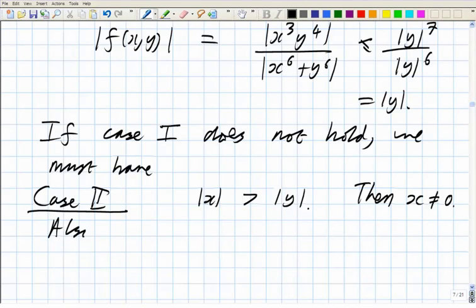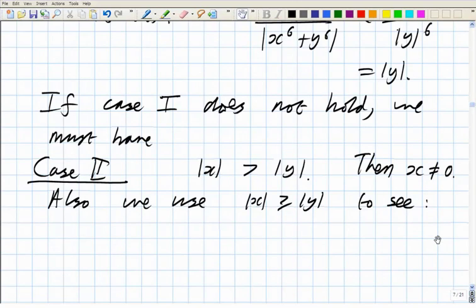Also, we just need to use mod x greater than or equal to mod y. You could use strictly greater if you want, but greater or equal will do for the next step. I'll sacrifice a bit of information just for the sake of symmetry in the argument.